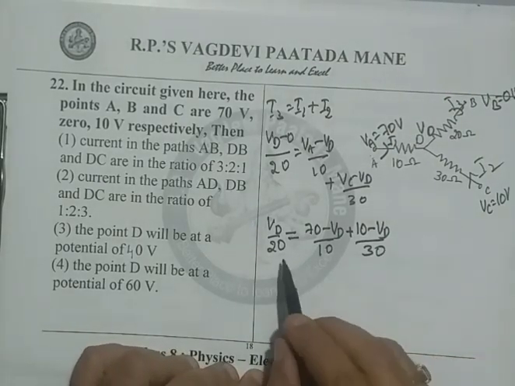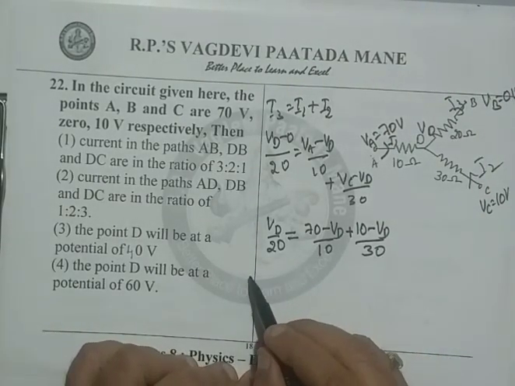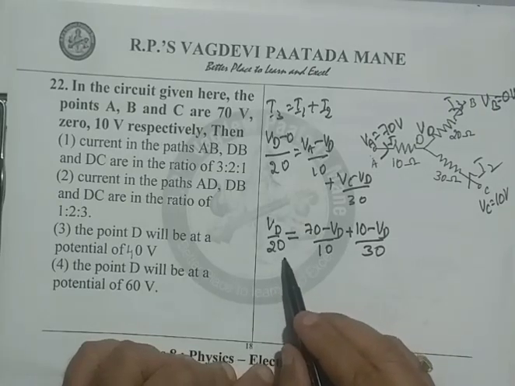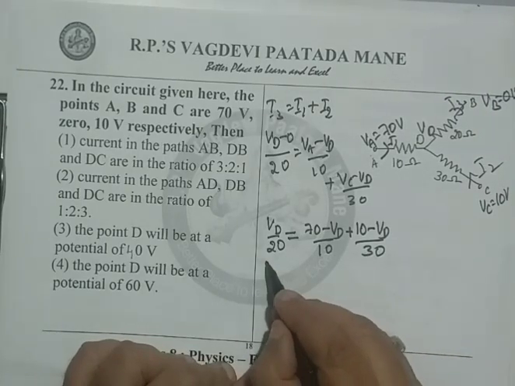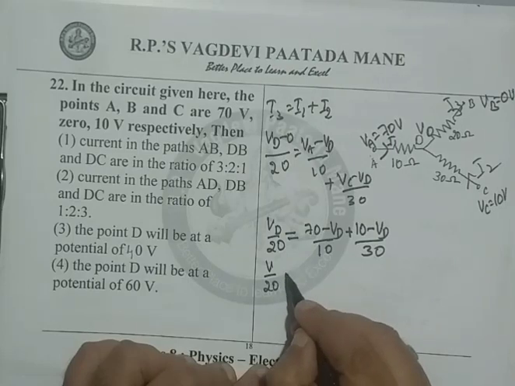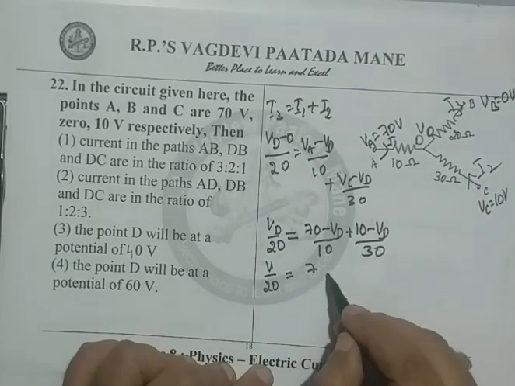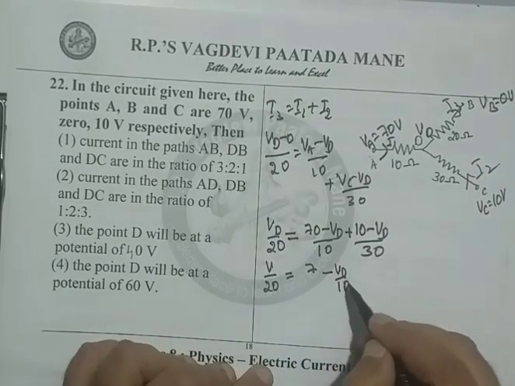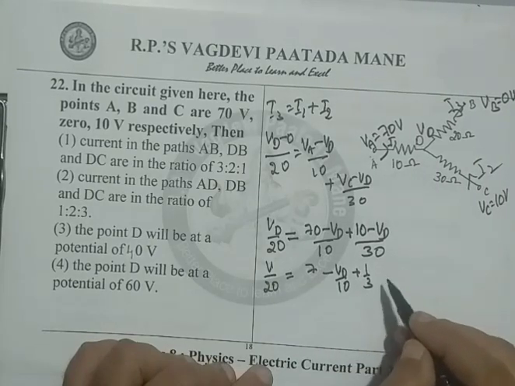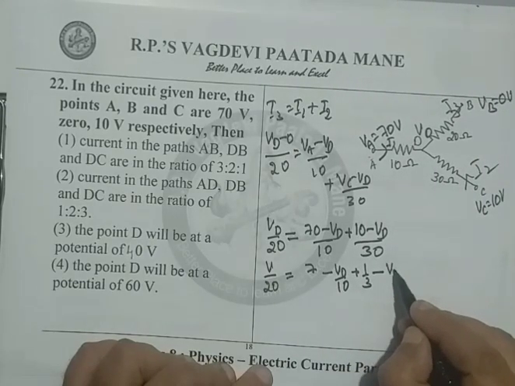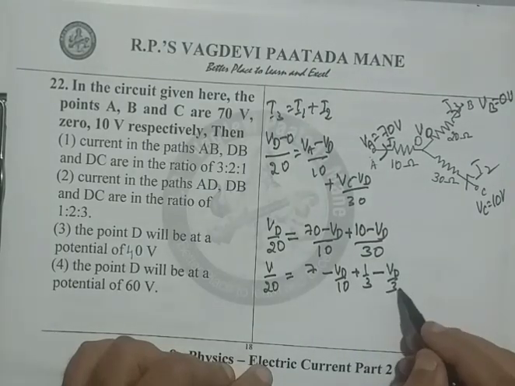Now, going for the simplification, we can write VD can be taken onto one side. VD by 20 equals 7 minus VD by 10 plus 1 by 3 minus VD by 30.